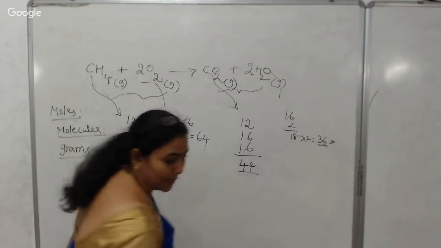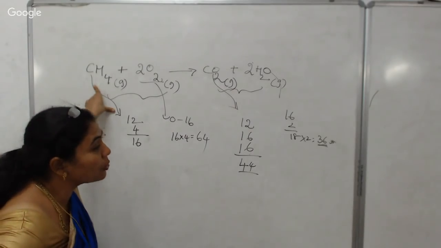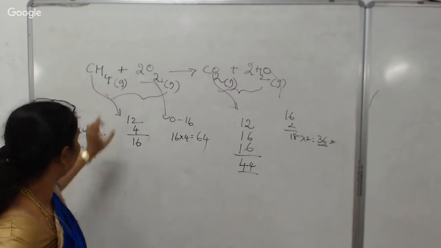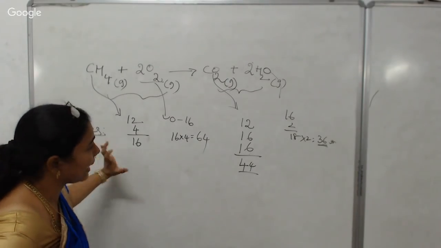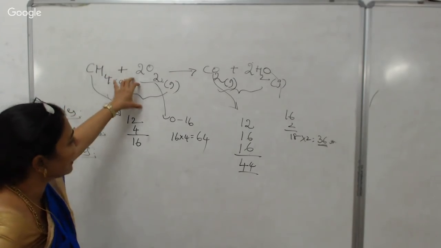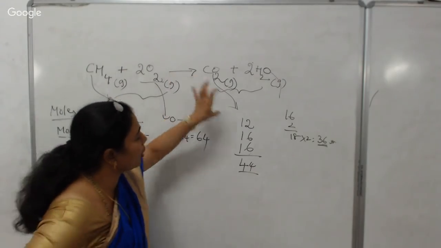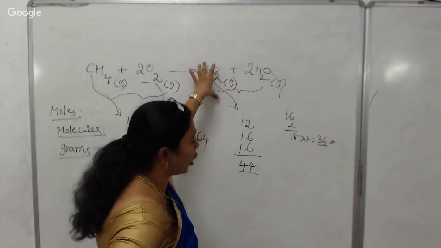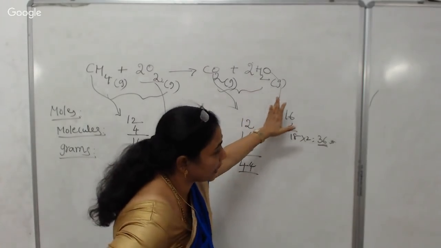Okay, now I will explain it. Suppose I want to say the same equation in grams, how will I explain? I have to say 16 grams of methane is reacting with 64 grams of oxygen and it is forming 44 grams of carbon dioxide and 36 grams of water.